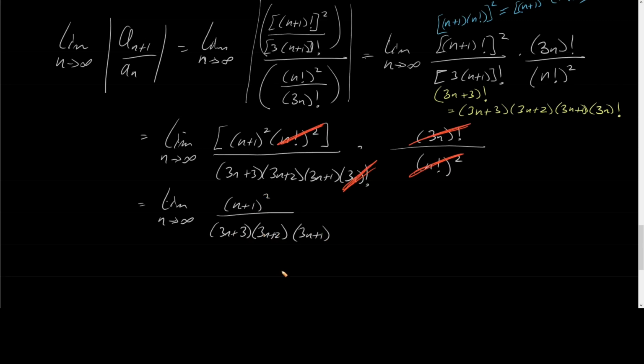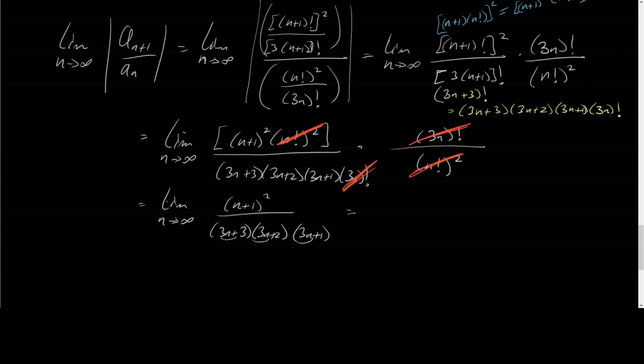And well, what would this go to? In the bottom here, I'm not going to expand it out, but if I multiply these first three terms, I end up with a cubic on the bottom. I've got a quadratic on top, quadratic on top and cubic on bottom. The cubic is growing much faster.